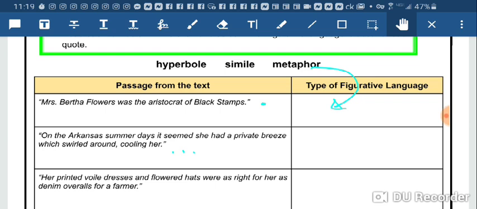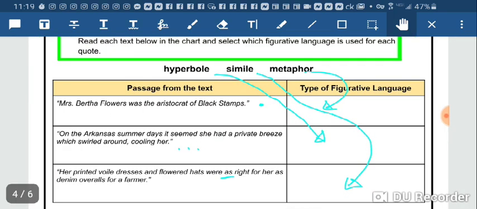That seems like an exaggeration, which leaves simile, and like I said, it's comparison using the word as. So simile is going to be in that blank right there. Okay, you need to include that in your notes.